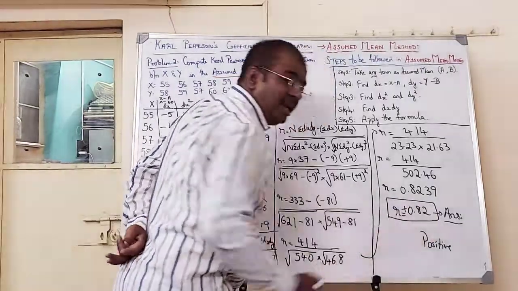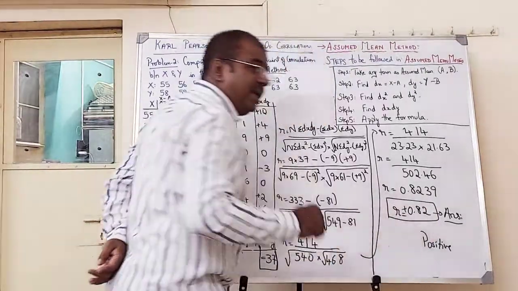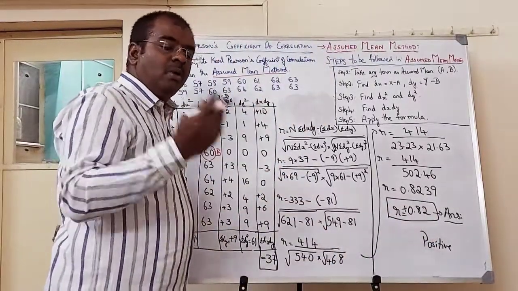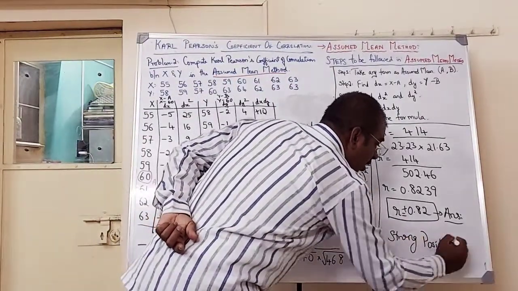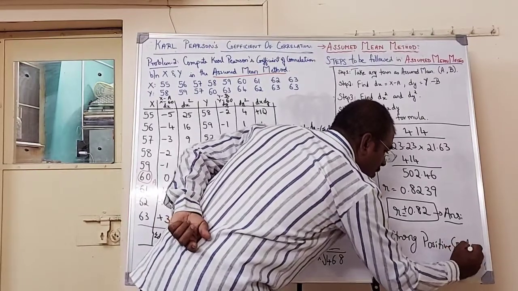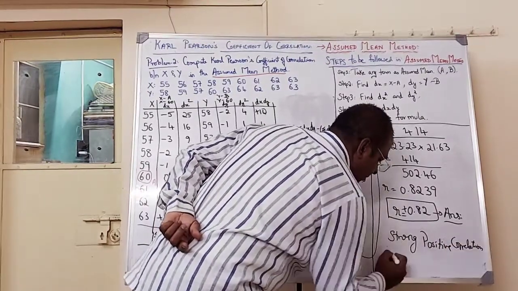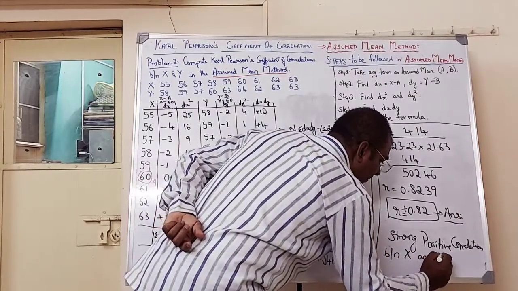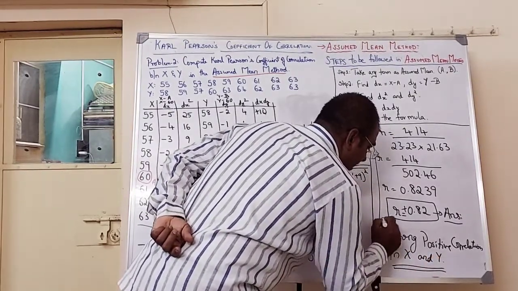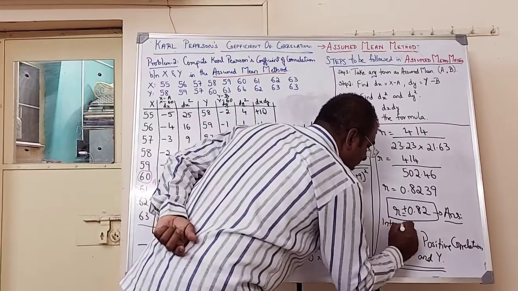It is 0.82, and 0.8 is close to 1, and hence there is a strong positive correlation between the variables x and y. So this becomes your interpretation.